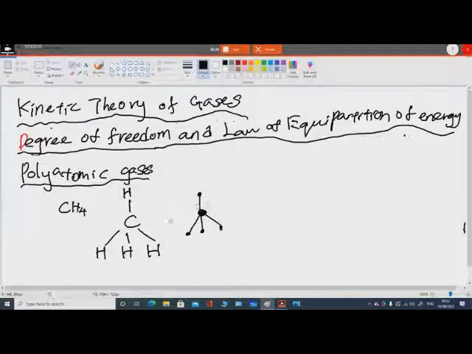And what about SO2, sulfur dioxide? Oh no, not sulfur dioxide, it should be sulfur trioxide. Okay, so for sulfur trioxide, what we get is like this.